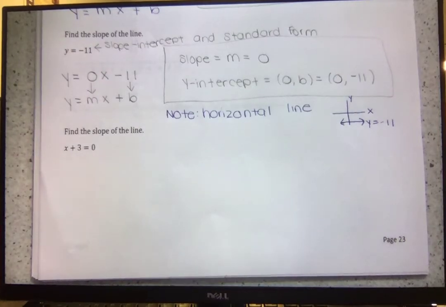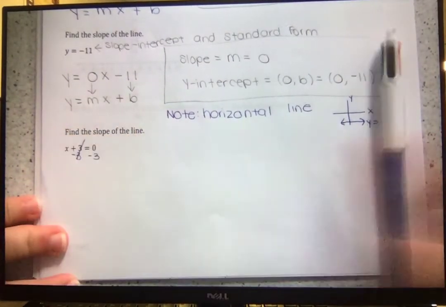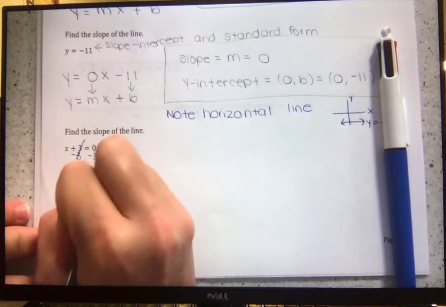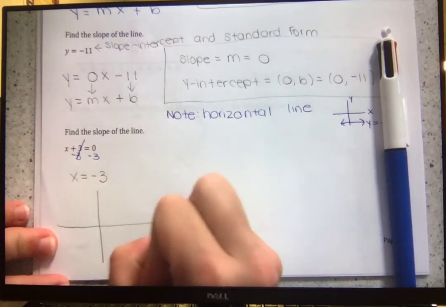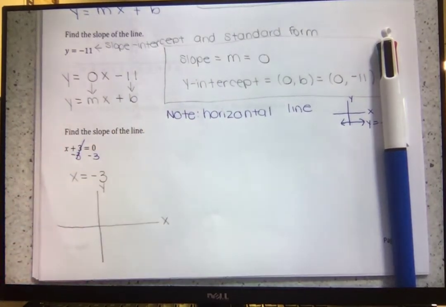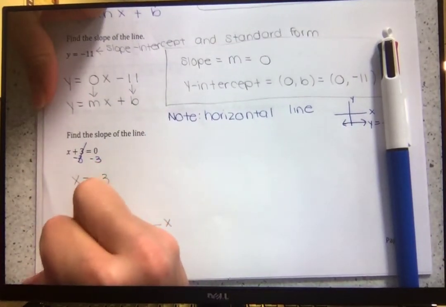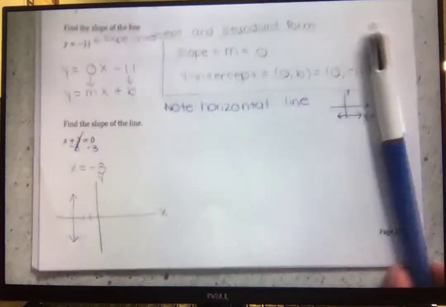So if I solve for x, subtracting 3 from both sides, we get x equals negative 3. What does this graph look like? It's going up and down. So it's vertical at x equals negative 3.